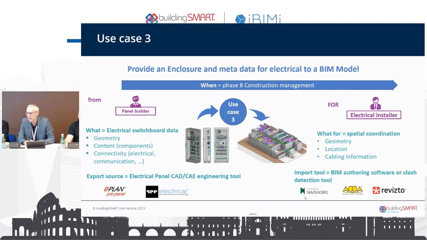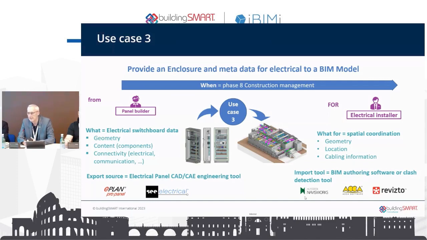The panel builder delivers the information like the geometry, like the content, what is in the switchboard, the components from the manufacturers, the electrical connectivity, the communication connectivity, data, and so on. And the export sources are electrical panel CAD or CAE engineering tools like our tool from ePlan, the Pro Panel, or from Schneider EcoStruxure Electrical.